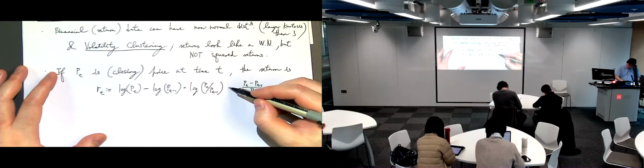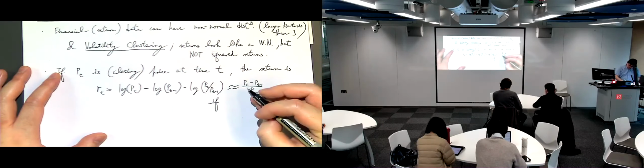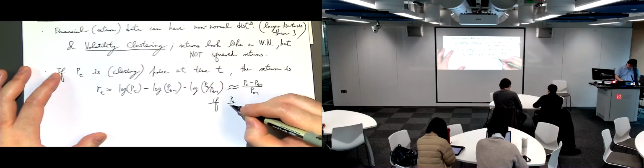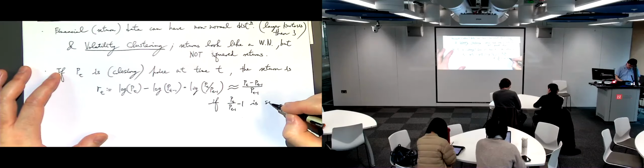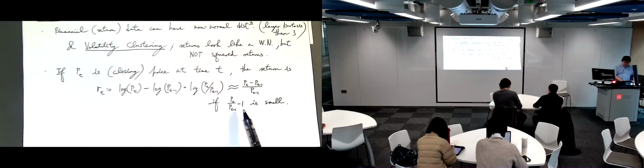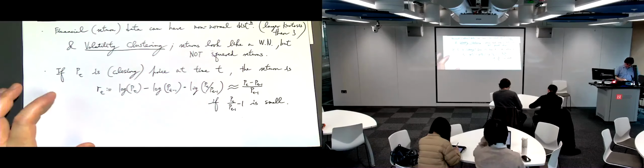Well, they are similar if the change is small. The real return, the ratio of prices minus 1, and the log return are actually very, very similar. This comes down to Taylor's expansion, basically. So try to do that. Let me give you a hint.